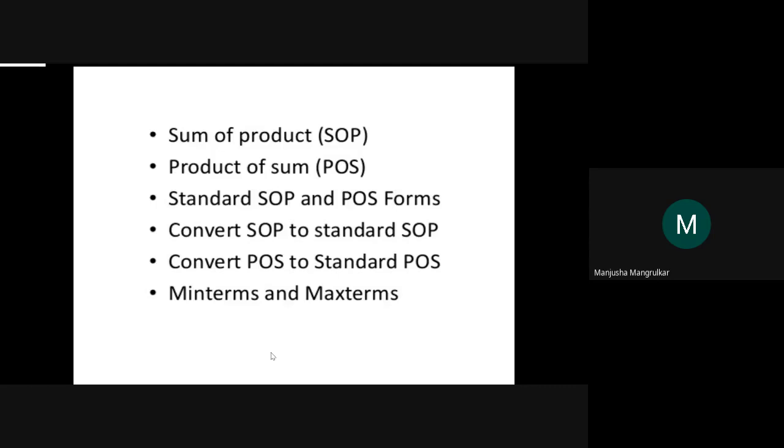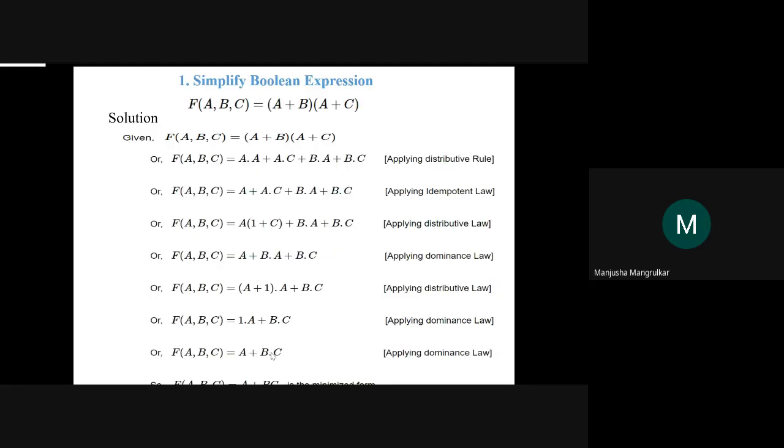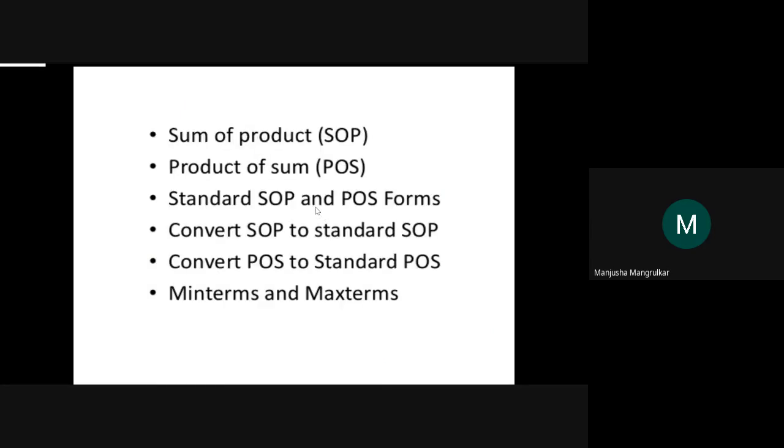That's the proof, right? I'll give some Boolean expressions to simplify in our assessment, and you have to apply all the laws to that Boolean expression and find the outputs. The next topic is the sum of product that we are going to see today.